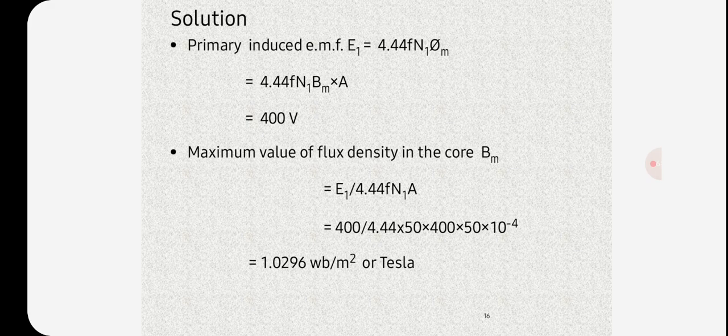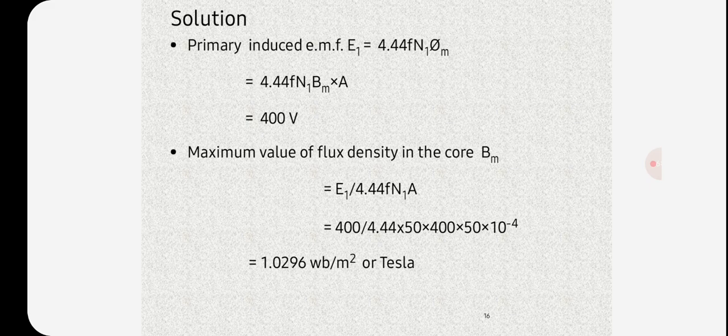E1 is equal to 400 by 4.44 into F means 50 hertz into N1 means 350, and the area is 50 into 10 to the power minus 4. After calculation of this value, it will be 1.0296 Weber per meter square or Tesla.